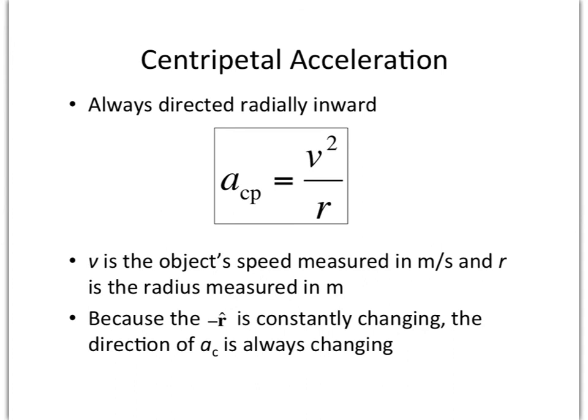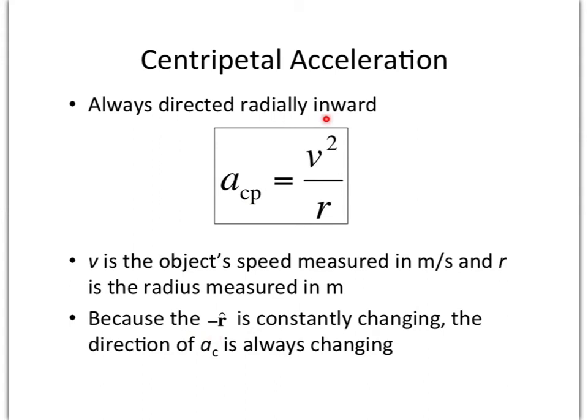So this brings us to the concept now of centripetal acceleration. Here you see it shown as a_cp. I usually just indicate it as a sub c. But that means centripetal acceleration. It's not directed in a straight line, but it's directed radially inward.